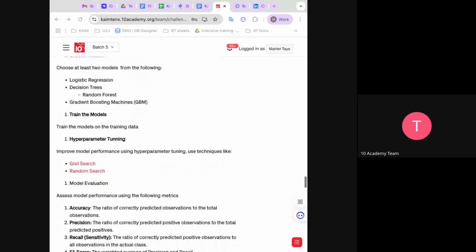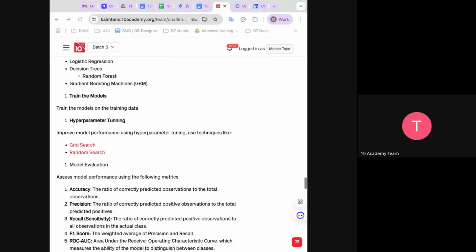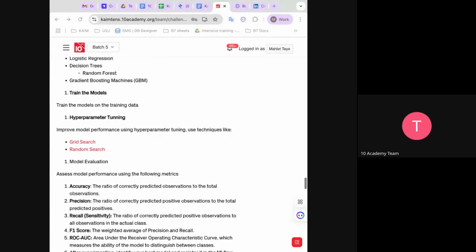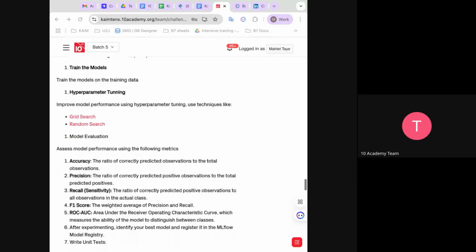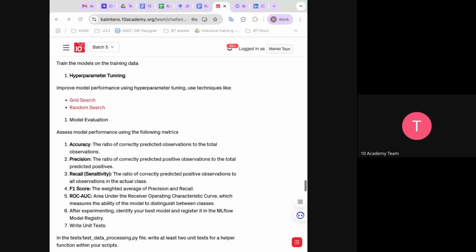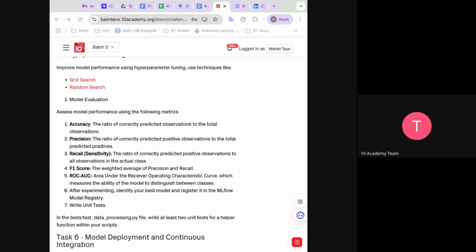These are the necessary steps while building the model, and you are expected to report the accuracy, precision, recall, F1 score, and the ROC curve. You also have to include tests and test files that can test the functions or the classes that you have written in your scripts.